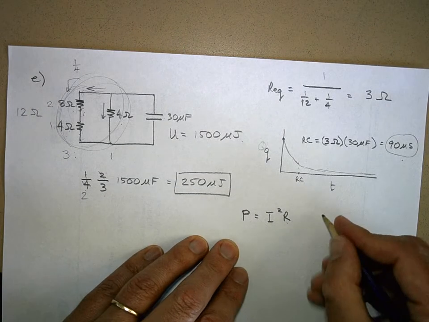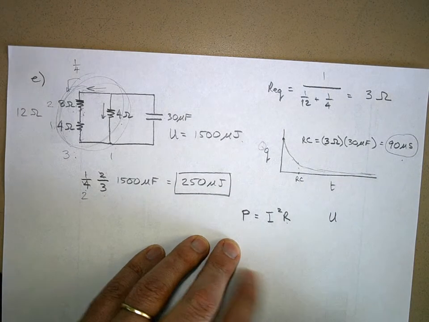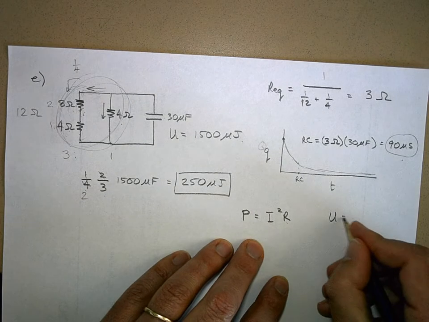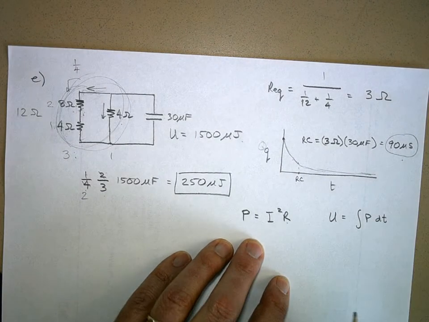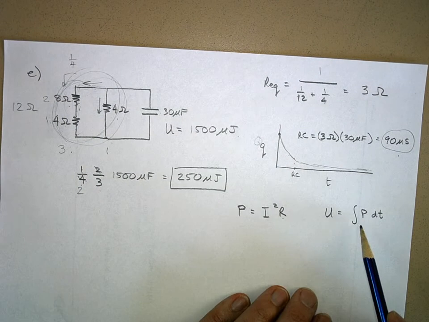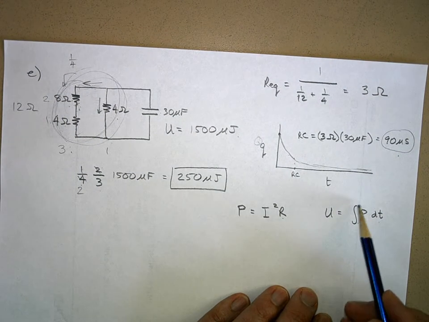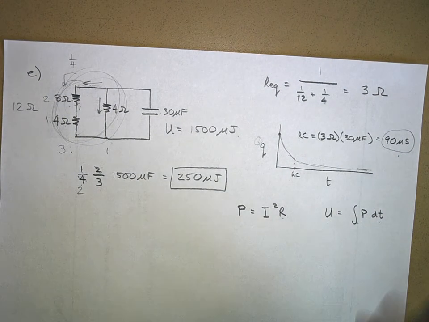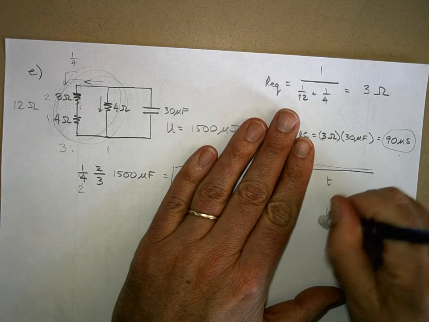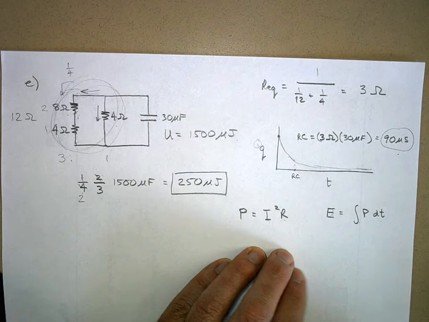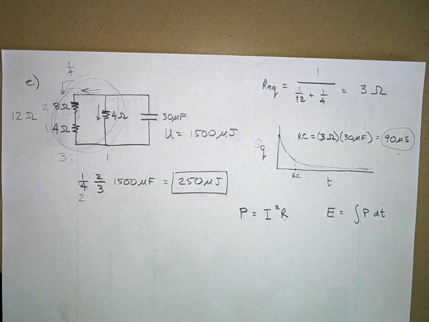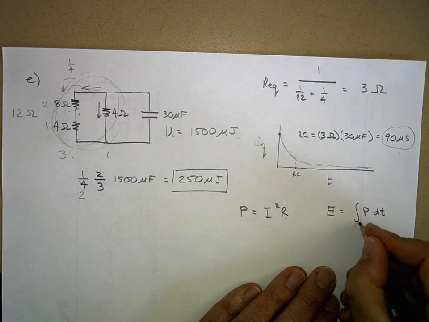But the energy that goes out is equal to the integral of power over time. I'm just going to use E here, which is not electric field. It's the energy that goes out of it. And we're going to go from 0 to infinity.